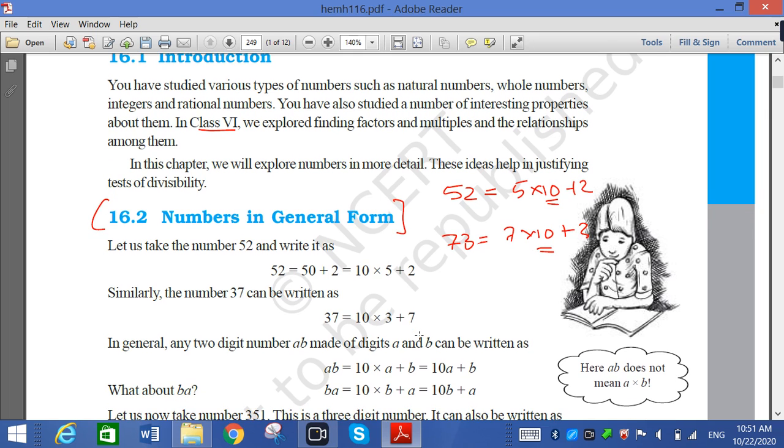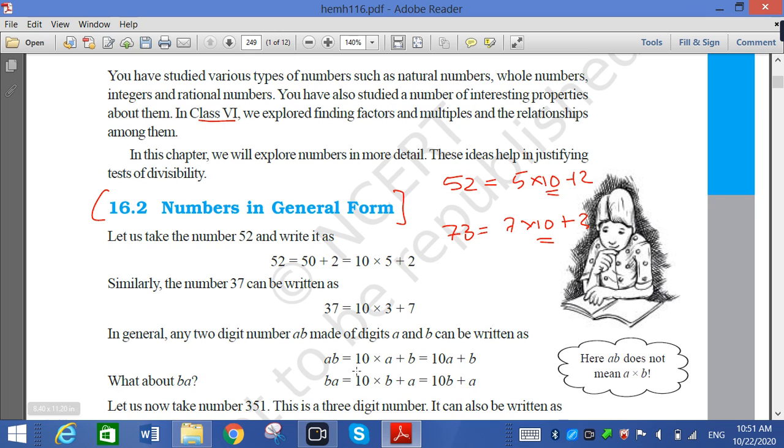So the general form of a 2 digit number is either 10a plus b or 10b plus a. We can also write 10x plus y or 10y plus x, because we know that 10 is fixed every time.